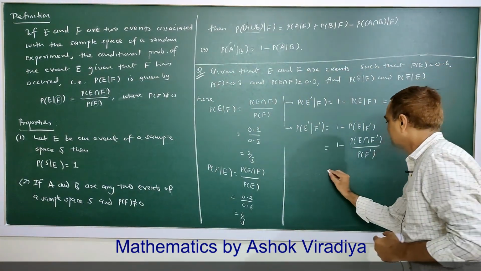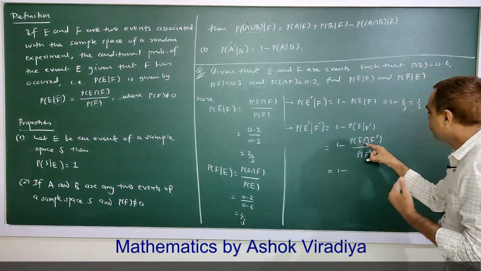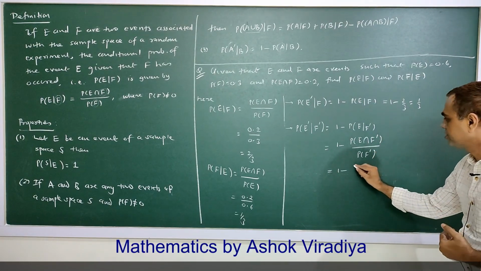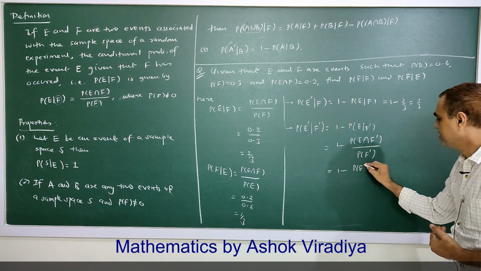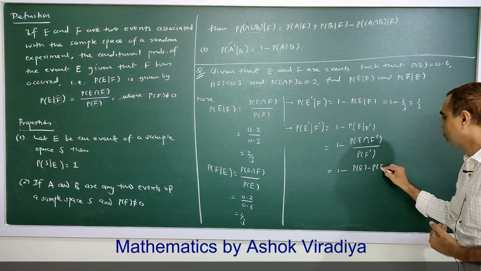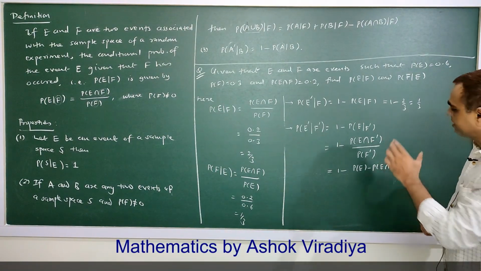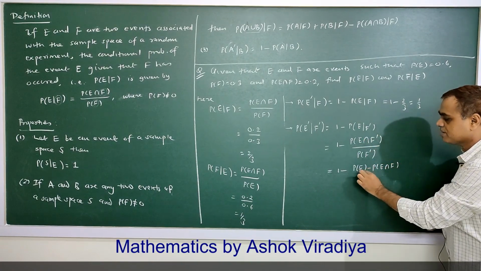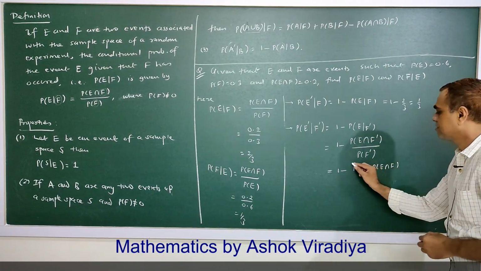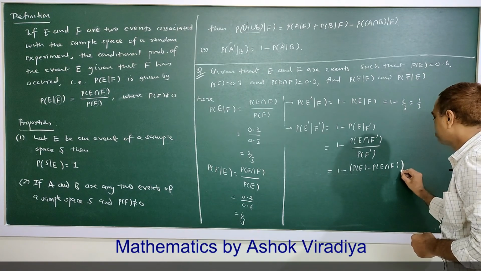Now we know that P of E intersection F dash is P of E minus P of E intersection F.